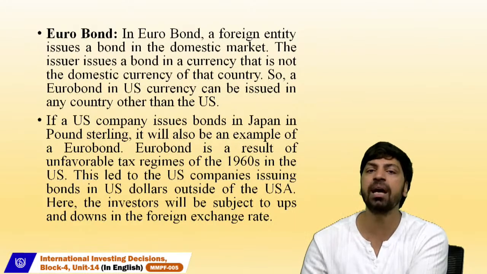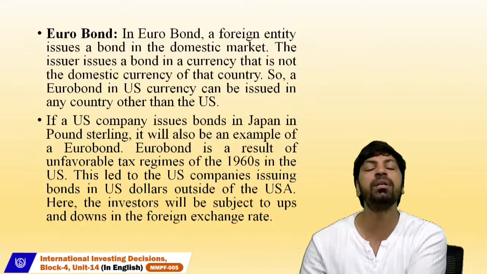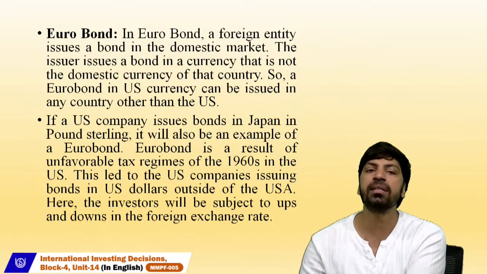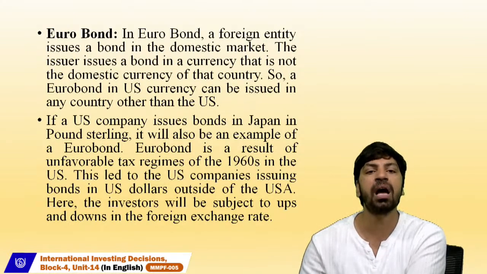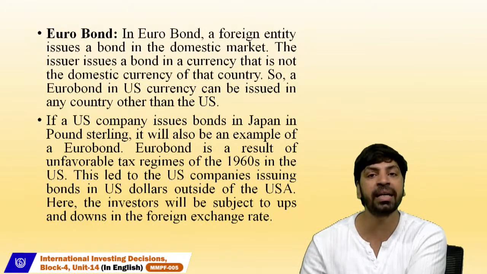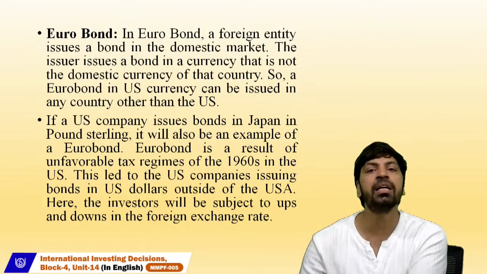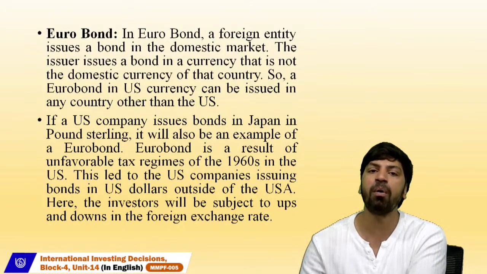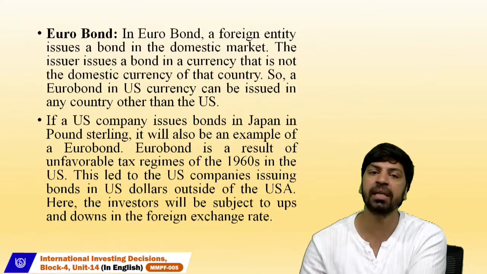If a US company issues bonds in Japan in UK pound sterling, that is also an example of a Eurobond. The Eurobond was a result of unfavorable tax policies of the 1960s in the US, and accordingly US companies issued bonds in US dollars outside the USA only.